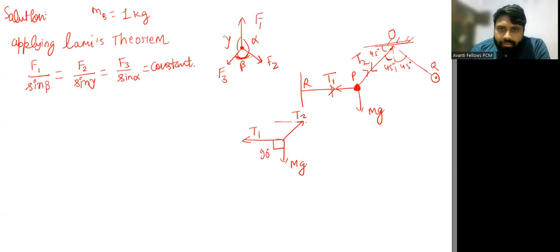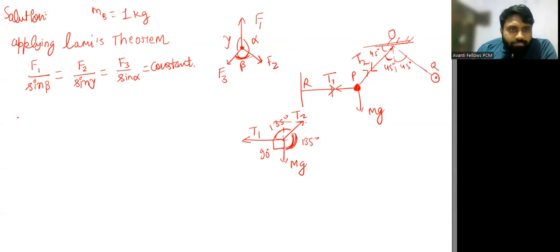So this is a formation of Z. If you draw a perpendicular, this angle also would be 45 plus 90, so this total angle will become 135. And this is also 135, because we have to find the angle between two vectors T2 and mg.